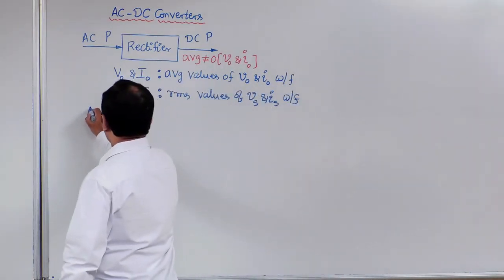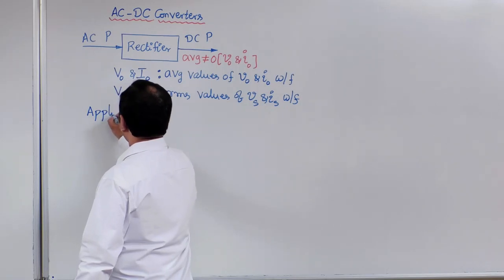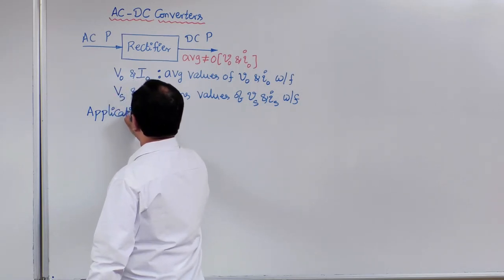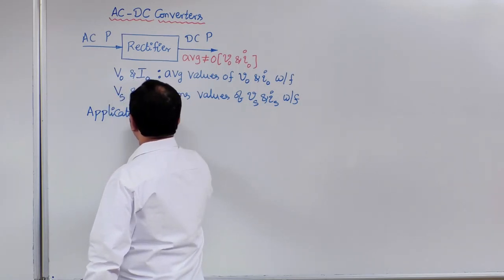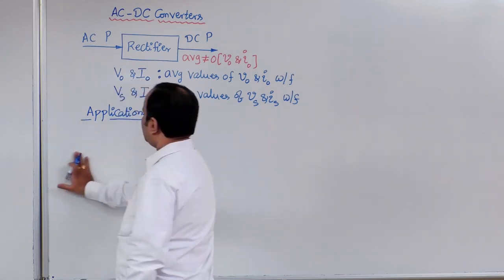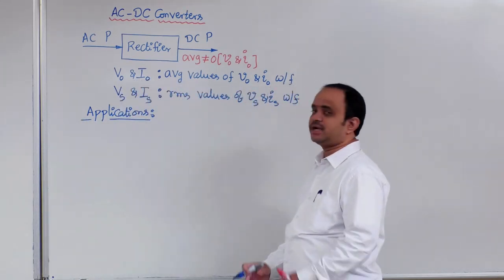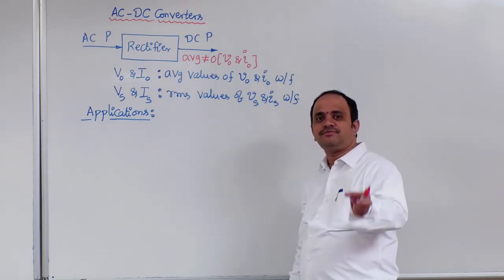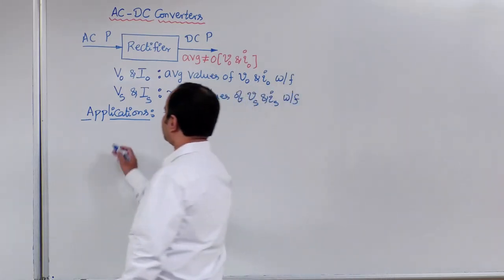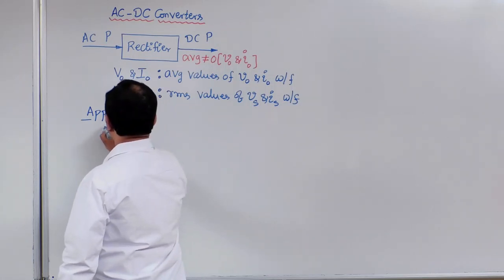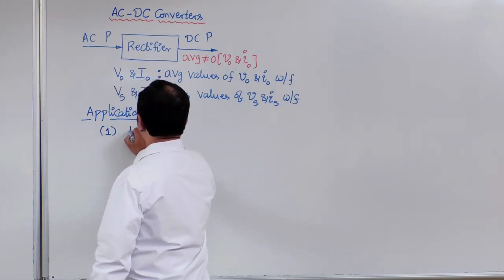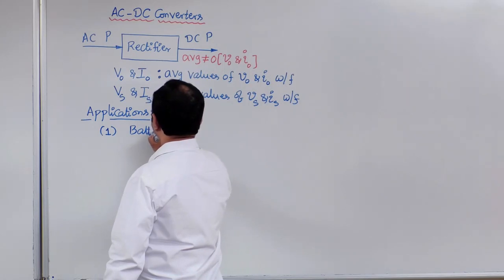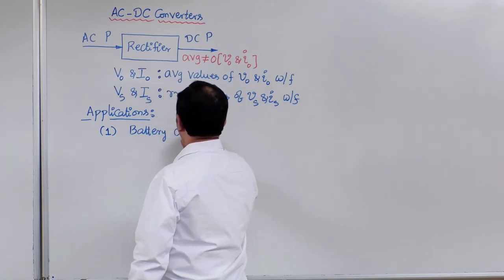Next one is applications. In the introduction lecture, our first lecture, we listed out applications of power electronics. But now this particular topic is applications of rectifier circuits specially. The first application is battery charging circuits, right?